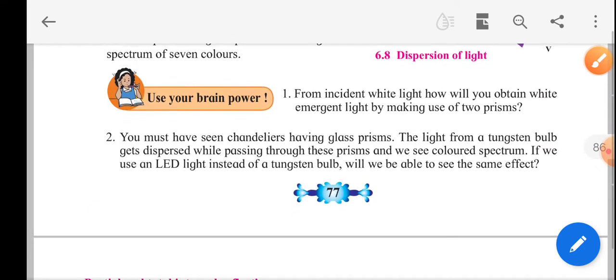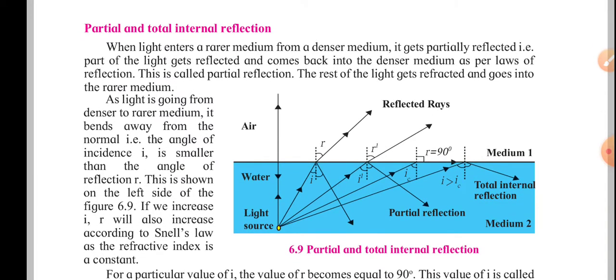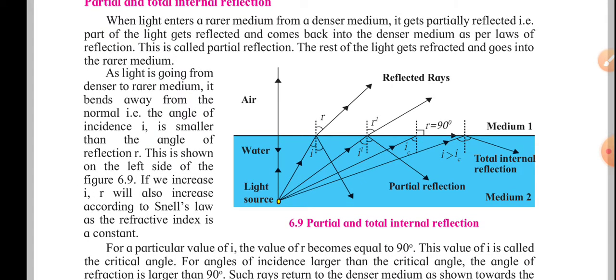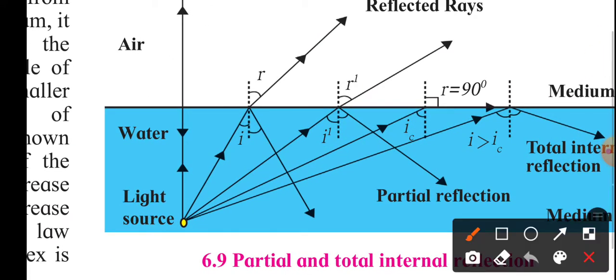Further, the next topic we have to study is partial and total internal reflection. When light enters a rarer medium from a denser medium, it gets partially reflected. That is, part of the light gets reflected and comes back. You can see over here, this is an incident ray, and some part is getting refracted and some is getting reflected.